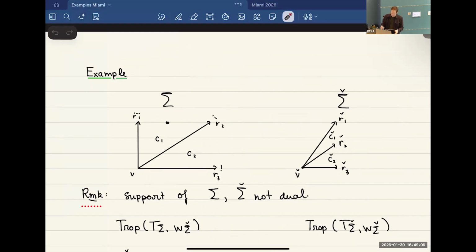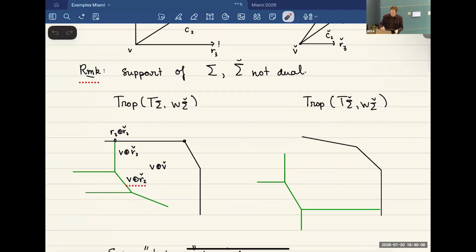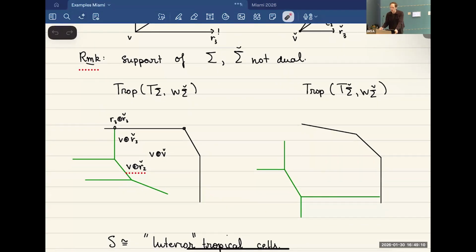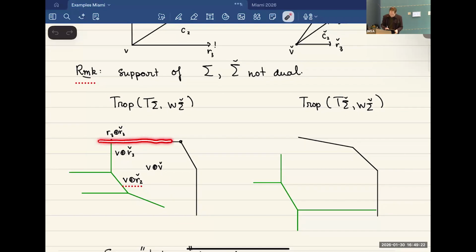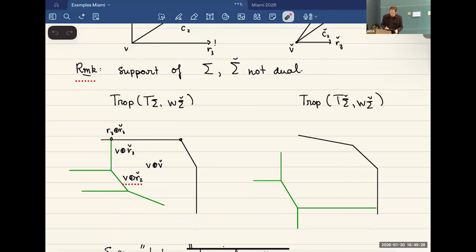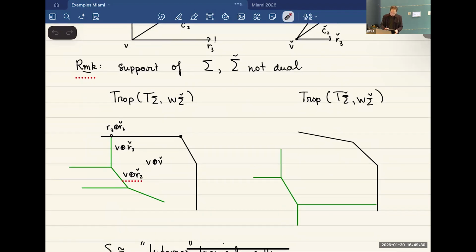So maybe I'll show you the rest of my picture here. This is a tropicalization picture of what happens in this particular example. Some of the data I'll mention a little bit later, but here I have two pictures. The first is the moment polytope of the toric variety coming from the first fan, sigma. And then if I tropicalize the potential function, I get something that looks like this.